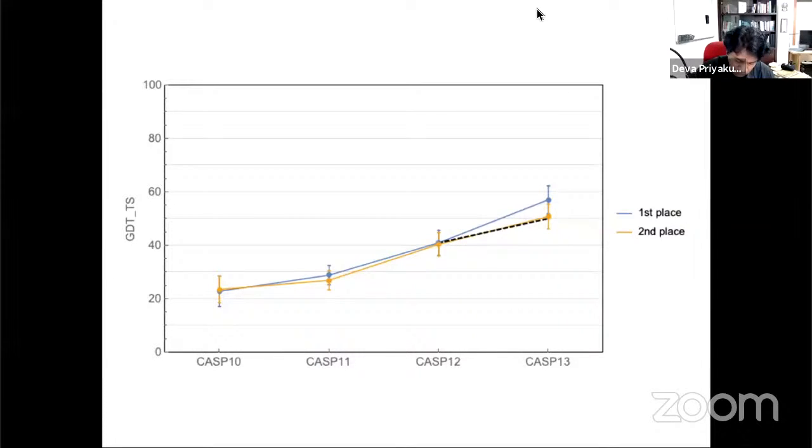This is with respect to the years of the competition. This is a recent one, which happened at the end of 2018, I think. With respect to years, we have slowly been moving towards predicting correctly. 100 means perfect prediction. So we are slowly moving towards higher accuracy in predicting 3-dimensional structures of proteins.